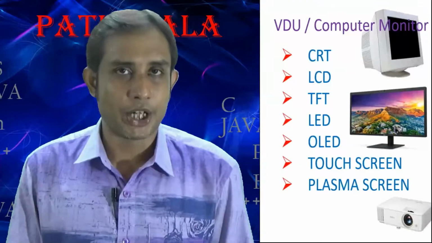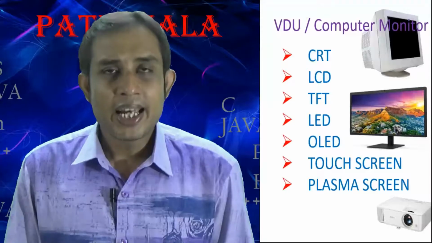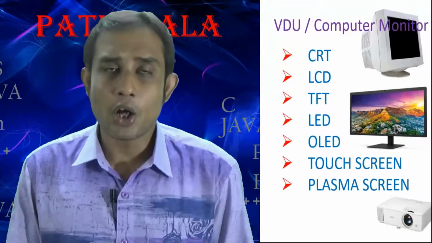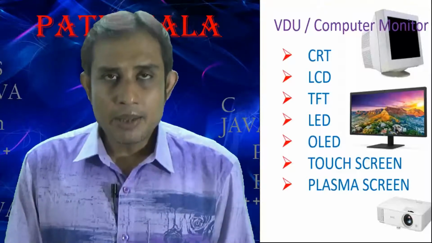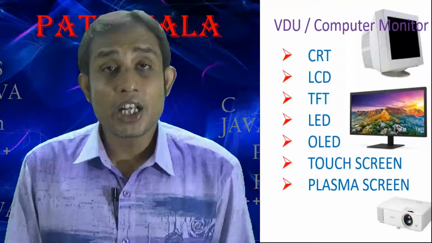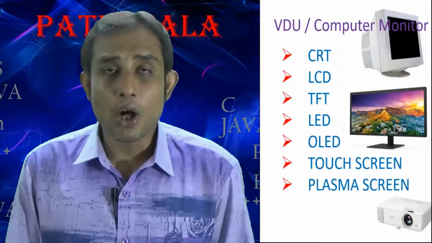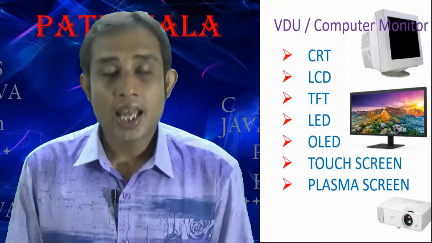First one is the CRT monitor. CRT stands for cathode ray tube. It is a traditional computer monitor or television. In a CRT monitor, the image is displayed by the emission of electrons from the back of the tube to the front of the screen.